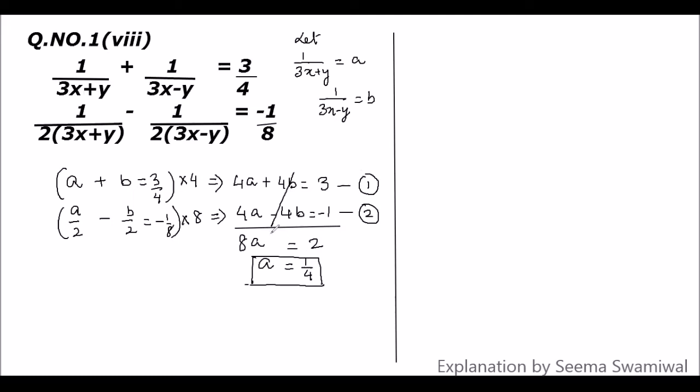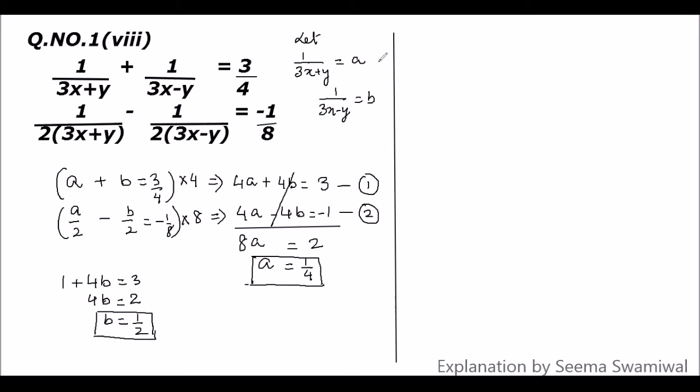So this 4 and this 4 will be cancelled, and I am left with 1 only. 1 plus 4b is equal to 3. That means 4b is equal to 2, and therefore b is equal to 1 by 2. I got the value of a and b both. Let's put this value in this.